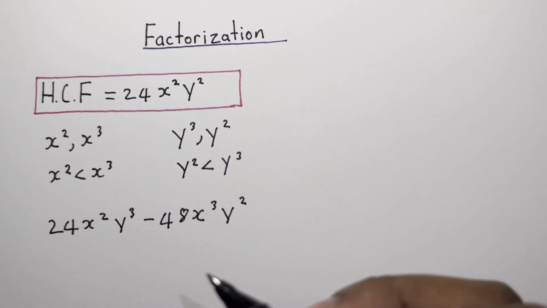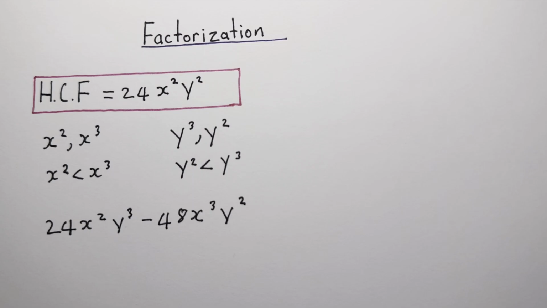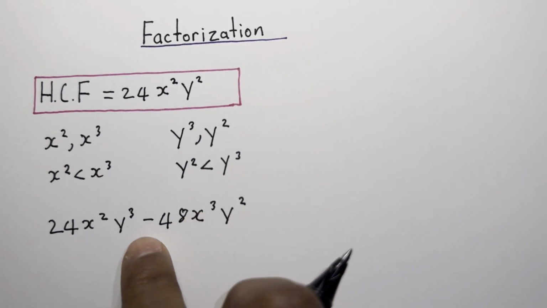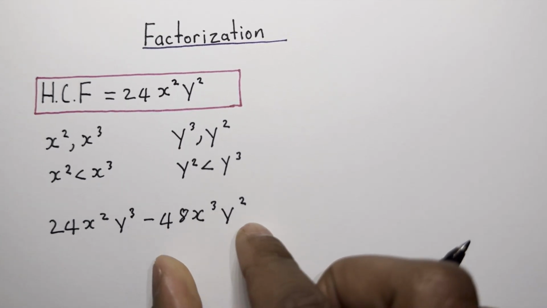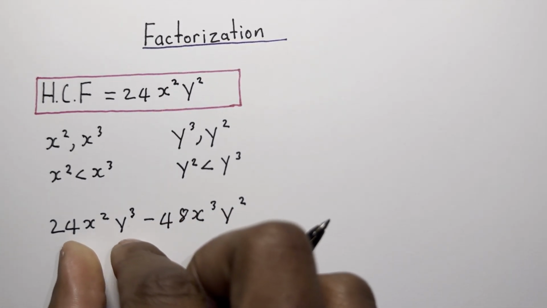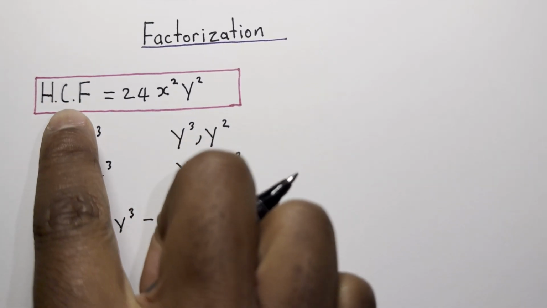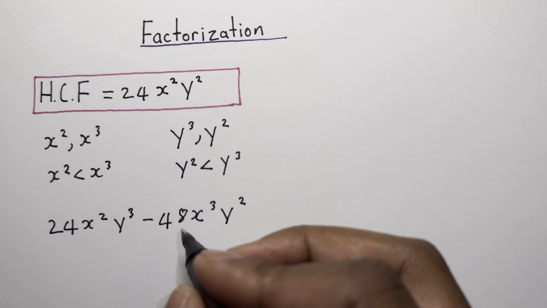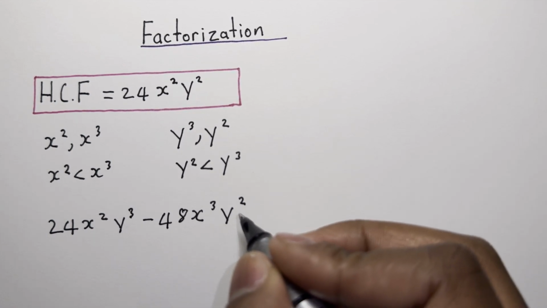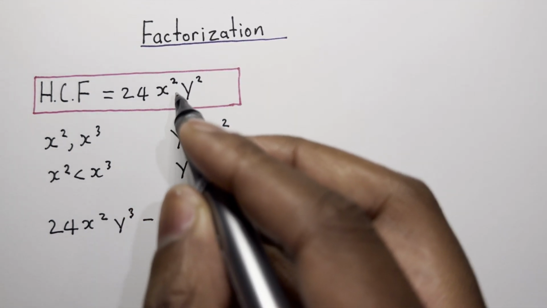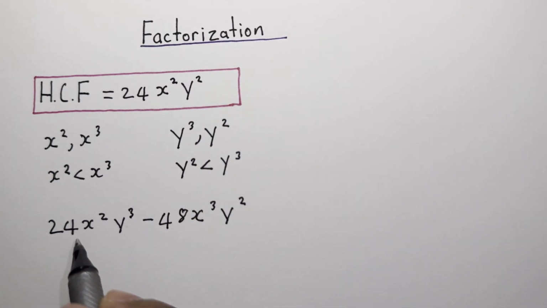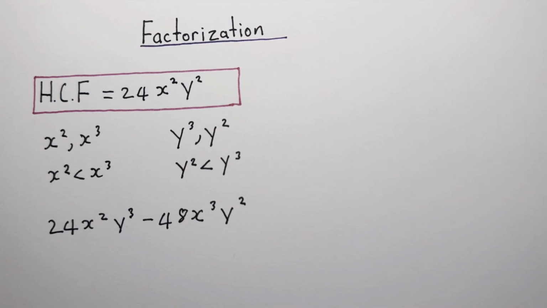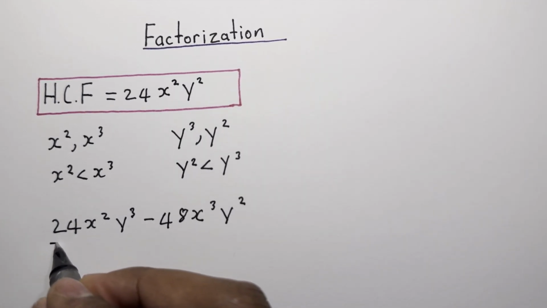So when we use the HCF, we have to divide each term by the HCF. So we have to divide 48x cubed y squared by 24x squared y squared, and we also have to divide this by 24x squared y squared. So now let's carry that out.